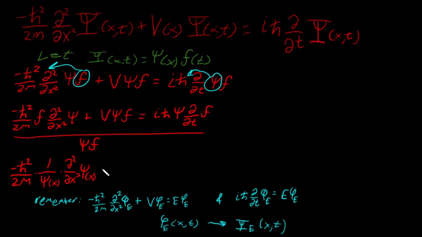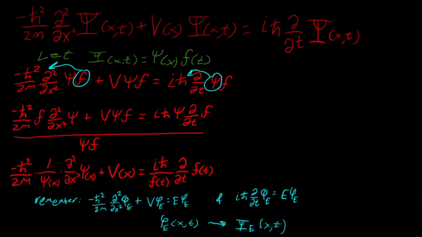So this is plus V of x equals. Now for this term, the psi will cancel, but the f's will not. So i h bar over f of t, d by dt of f of t.